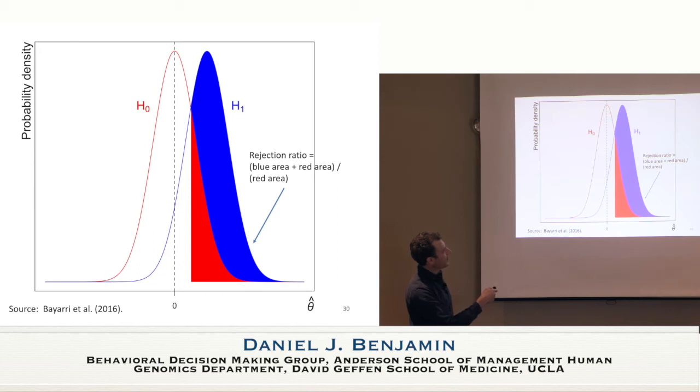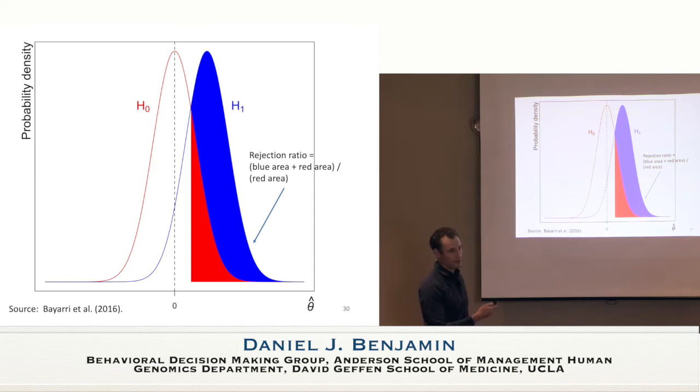And if there is an effect of size beta, it's going to be distributed according to this blue curve, H1. Now, if you get a significant result, which means you have an effect size that's bigger than some threshold, and that's the shaded region here, how informative is that about there being a true effect versus not? Well, it's going to be the ratio of the areas.